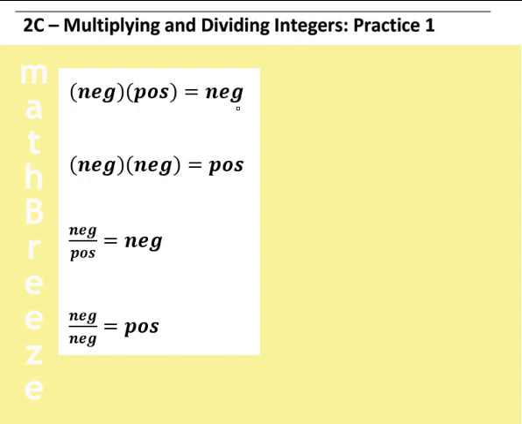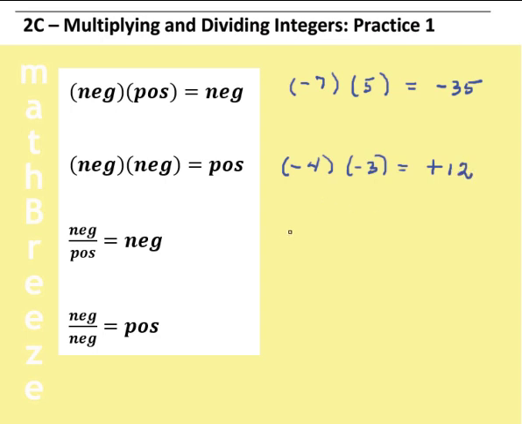All right, let's look at an example of this first rule. So let's say we have something like minus 7 times 5. That's a negative times a positive, so that would be negative 35. Or if we have a negative times a negative, let's say minus 4 times minus 3, that would be positive 12.